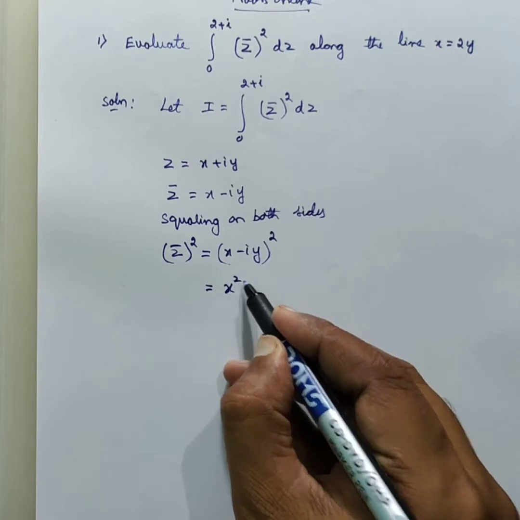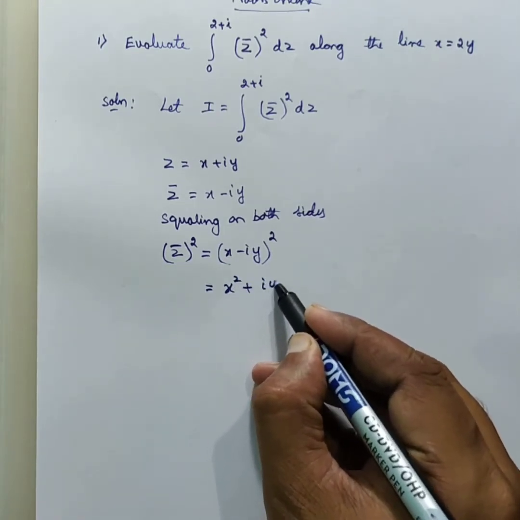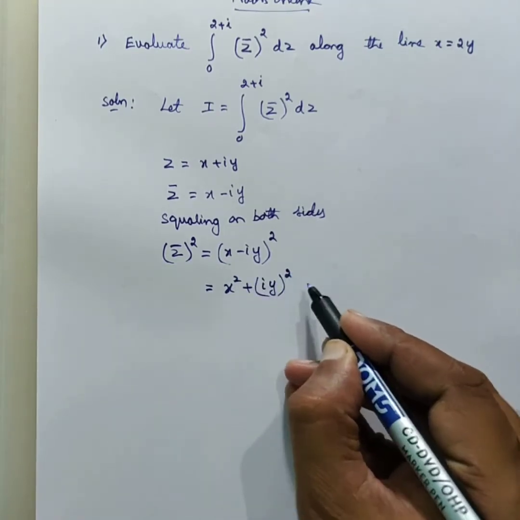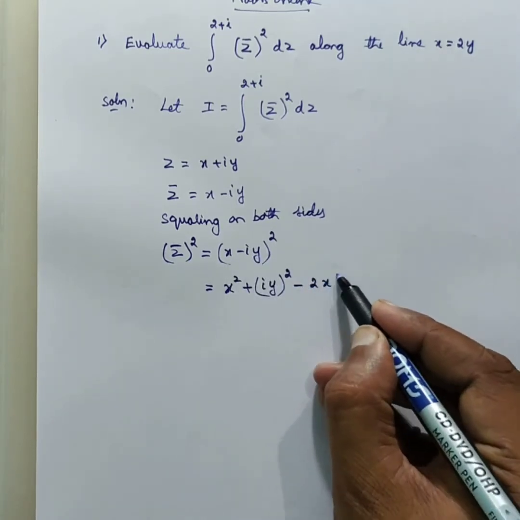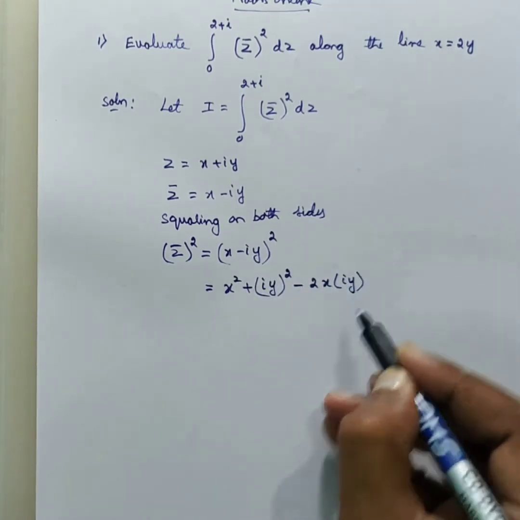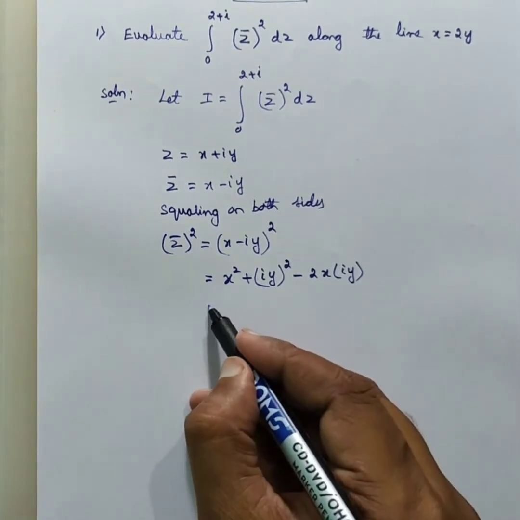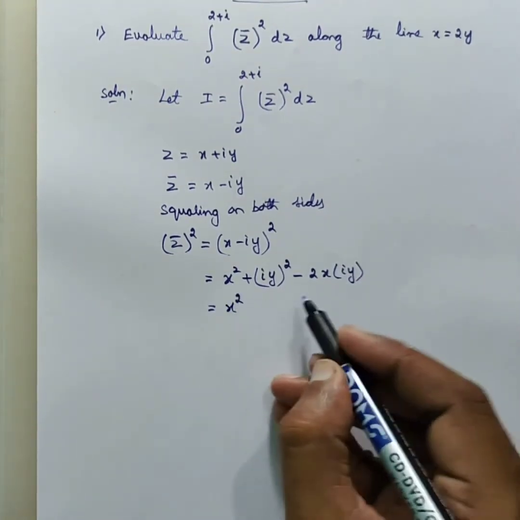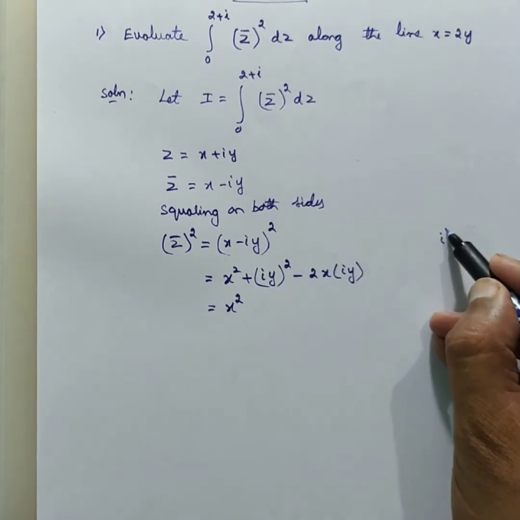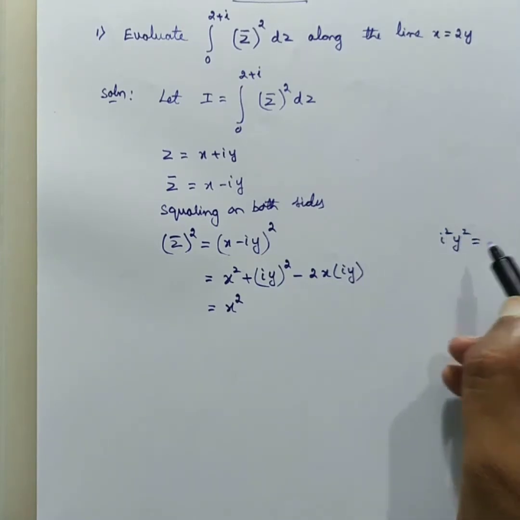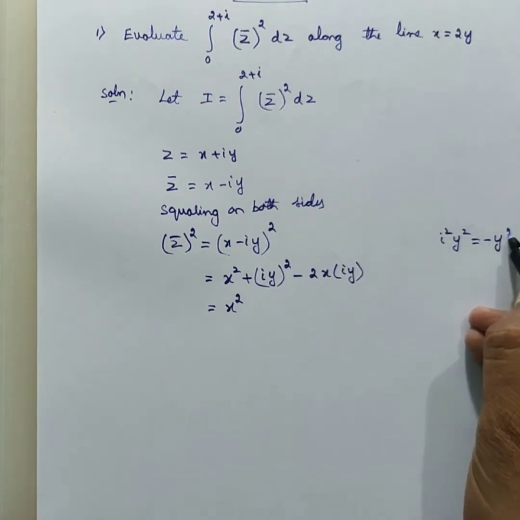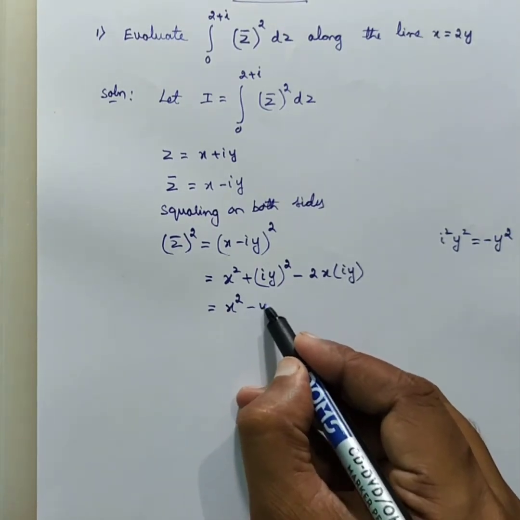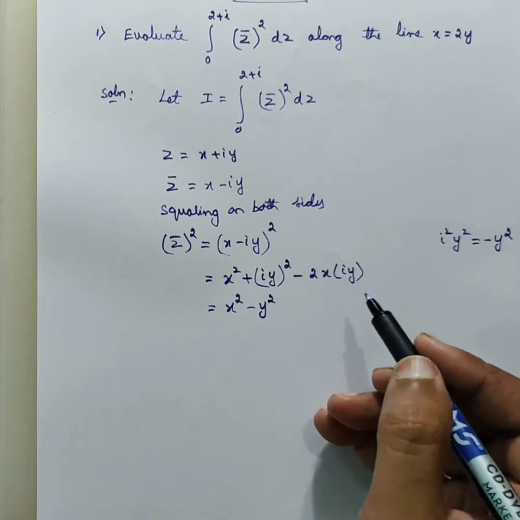It is a square plus b square minus 2ab. This can be written as x square plus i square y square. But the value of i square is what? Minus 1. So we will be getting minus y square.